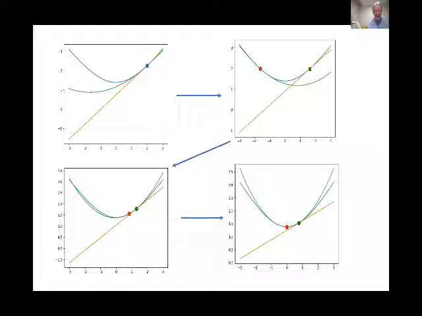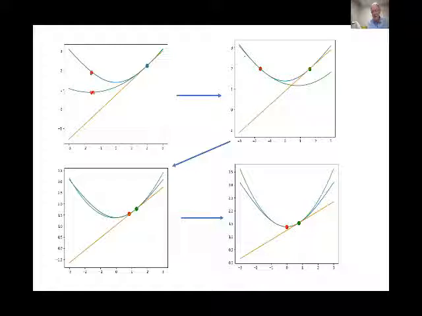Then I'm going to say the minimum of this quadratic one is probably going to be close to the minimum of the curve I'm approximating. So here's the minimum of the green curve. That corresponds to this point on the blue curve, which is the actual one. So the next point we're getting is this point here.